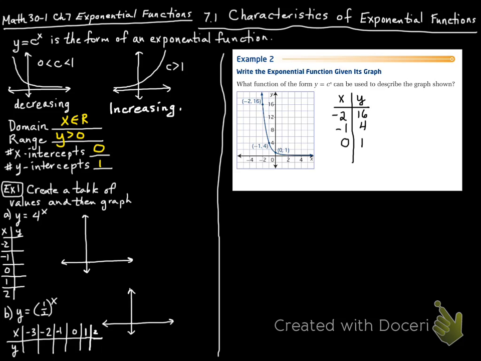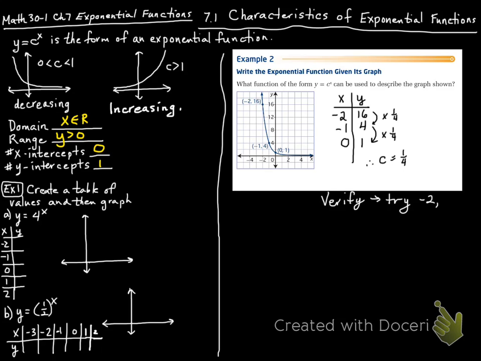So my multiplier, and that's what we're always looking at, the multiplier would be 1/4 to go from 16 to 4, and 4 times a quarter would give me 1. Therefore, that's my c value. The c value is the multiplier in my equation.